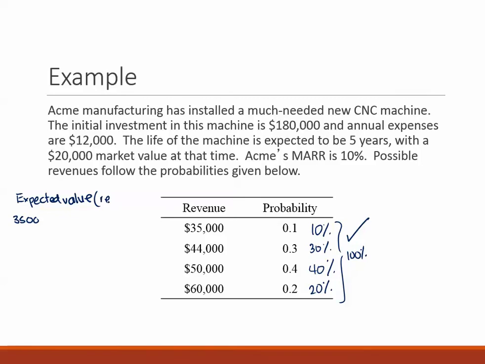The expected value for the revenues will be 35,000 times 0.1 plus 44,000 times 0.3 plus 50,000 times 0.4 plus 60,000 times 0.2, and this gives me 48,700. Again, this is an expected value, which doesn't say that that's what I'm going to get. What it means is it's the fairest way to use something in an analysis.